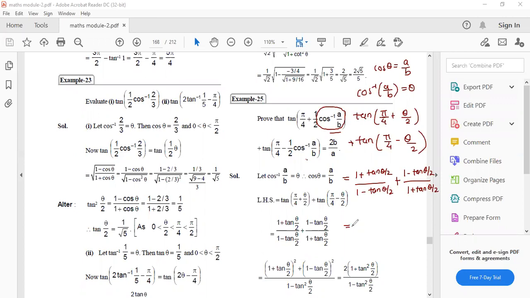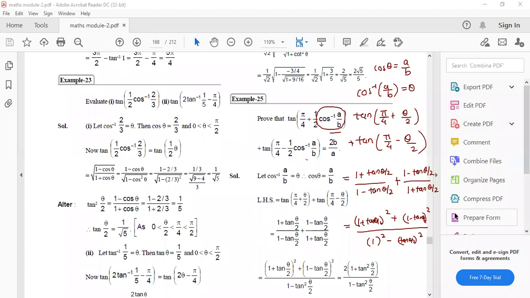Now simply you tell me, if we just cross multiply, this square plus this square upon a minus b into a plus b will be a square minus b square. Yes or no? This is 1 plus tan theta by 2 bracket square. If you simply go on simplifying this further, you can see what has happened here.